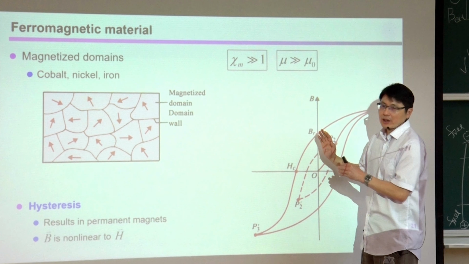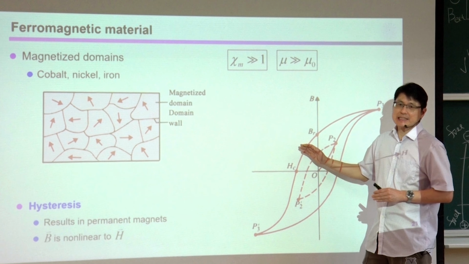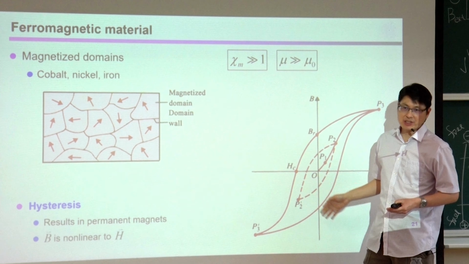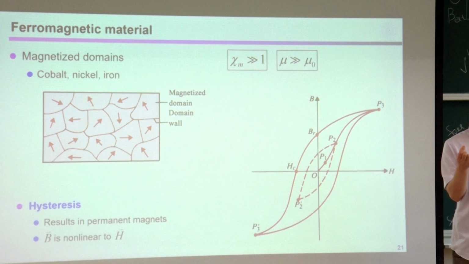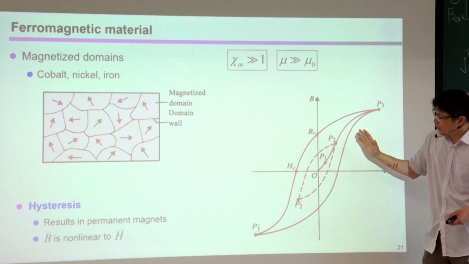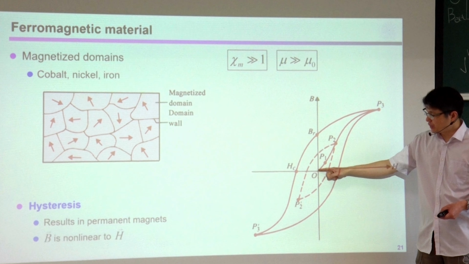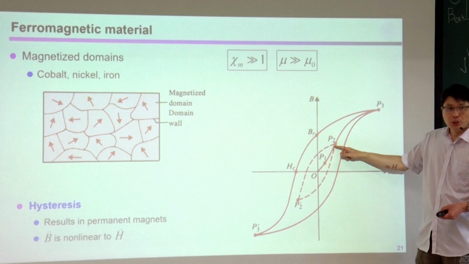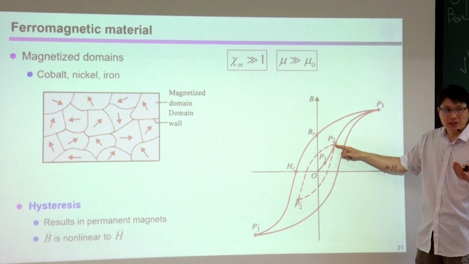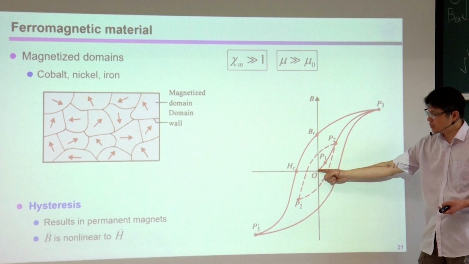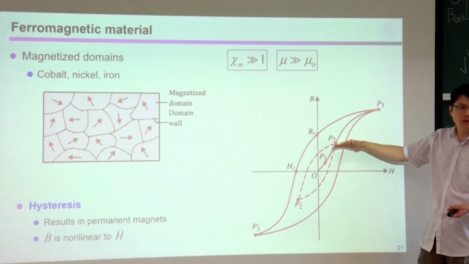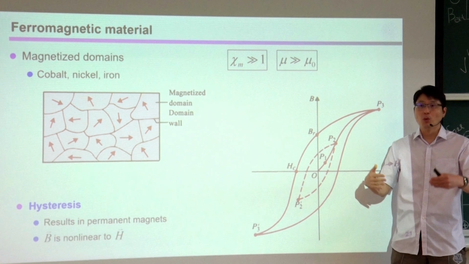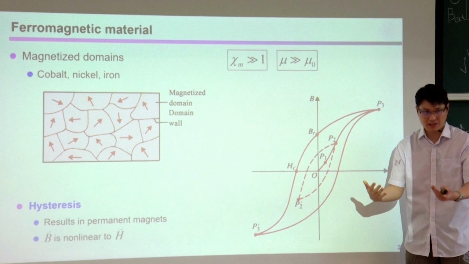I'm not going to go into the details, but this is something you know already, hysteresis, 磁滞效应. Okay? If you have a ferromagnetic material, when your externally applied field is weak, your B is increasing, right? As you increase your externally applied field, your B is also increasing, meaning that you're getting more and more magnetic field lines.